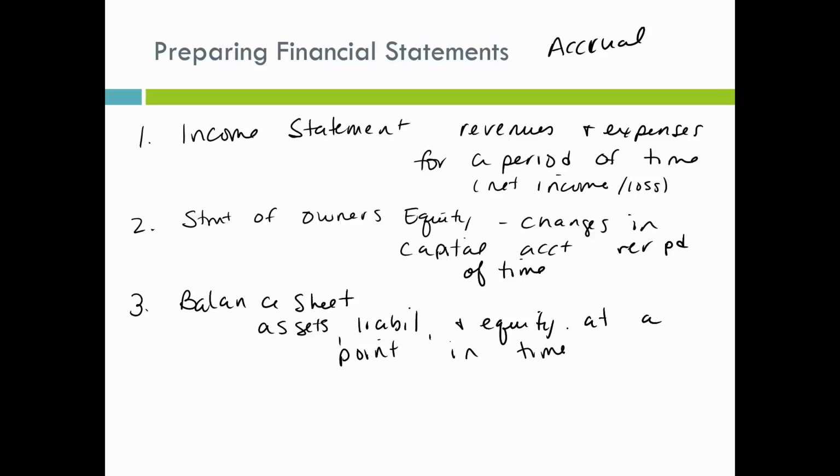So whereas the income statement and the owner's equity shows us what happened over the course of the year, it summarizes everything that happened over the year. The balance sheet is just a point in time. You can generate it anytime you want, and it shows you, here's what this business has at this point in time. The fourth statement, which we're not really going to talk about right now, is the statement of cash flows.